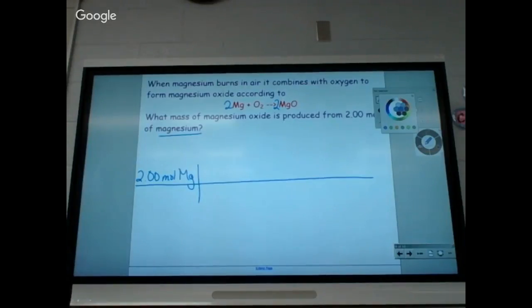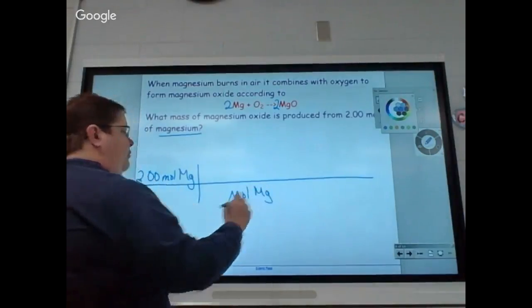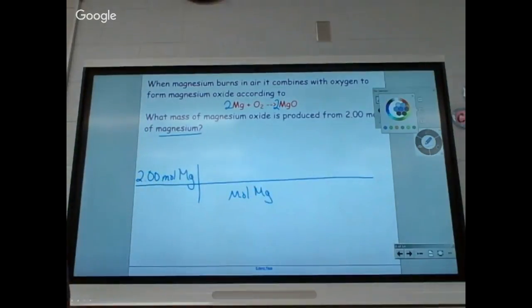Now, what goes on the bottom? Moles of what? Moles of Mg. Now, do we have to change compounds here? What did they ask us for in the question? Abraham, you're studying your pencil. What did they ask us for? Magnesium oxide.